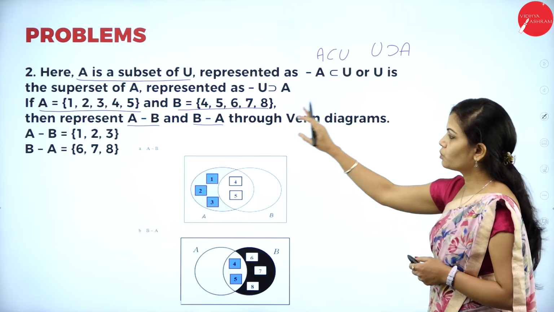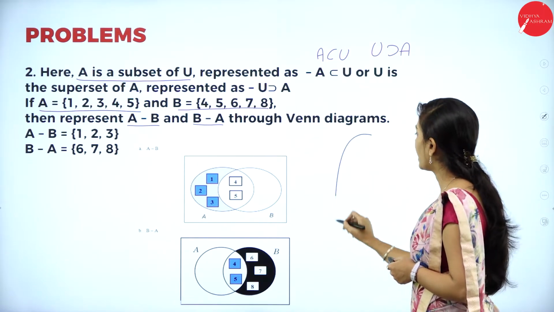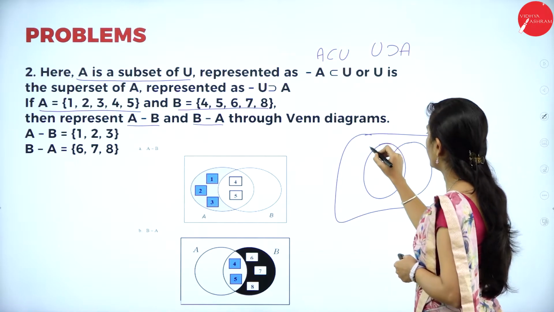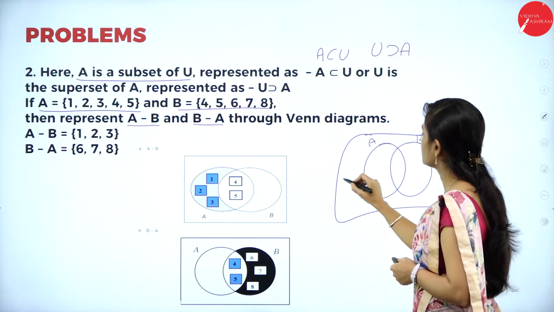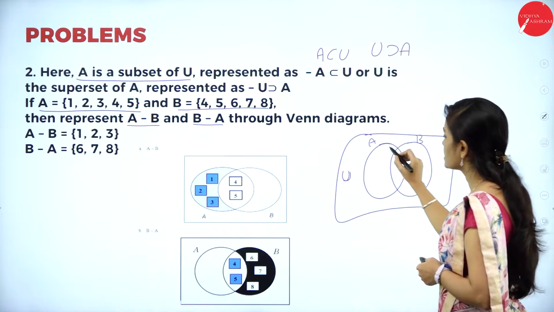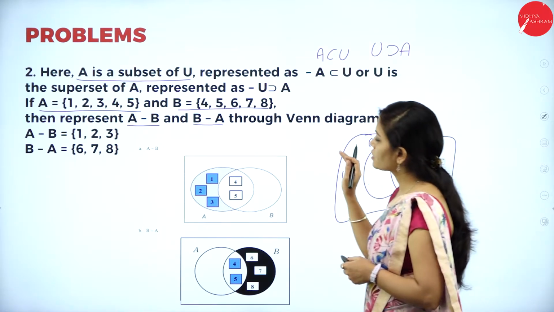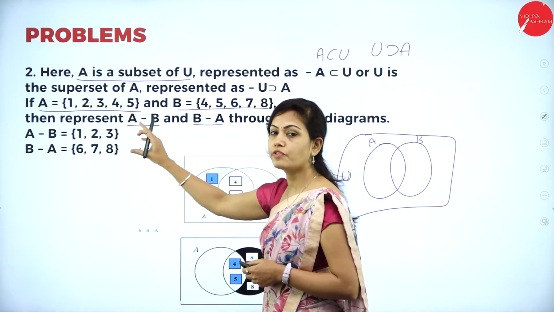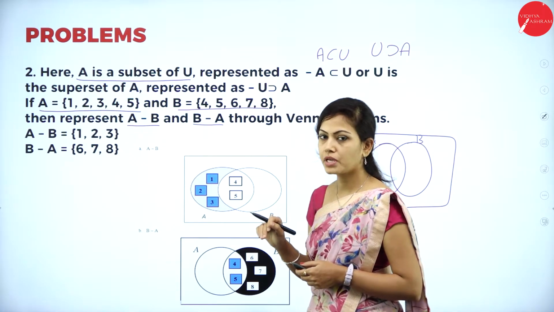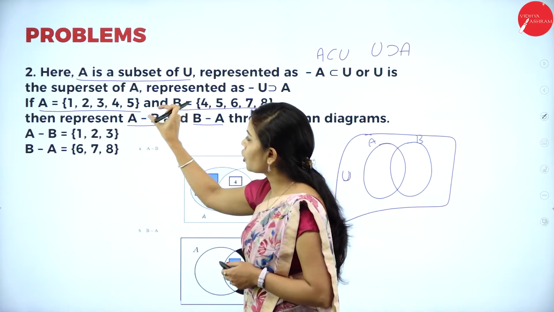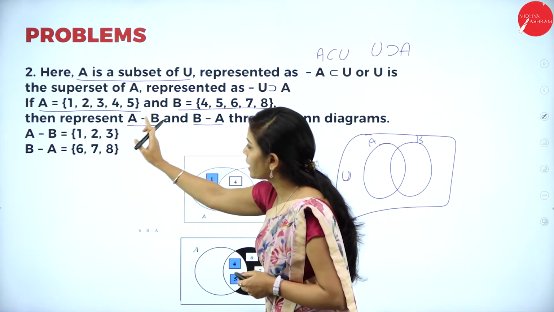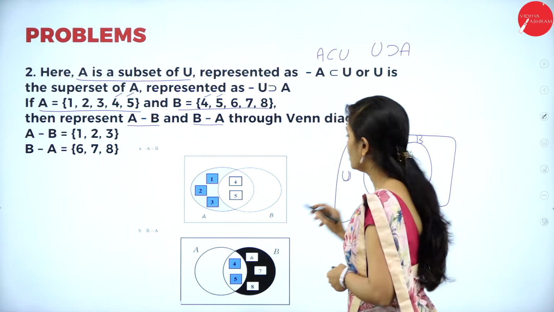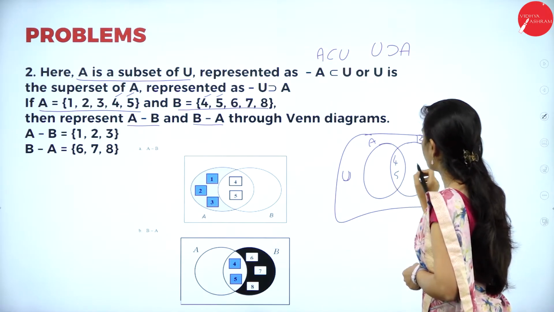So I have two sets, set A and set B, inside the universal set. In sets A and B, you have to find A difference B and B difference A. First, check the common elements of both set A and set B. 4, 5 are the common elements. So I will write 4, 5 inside the overlapping area.